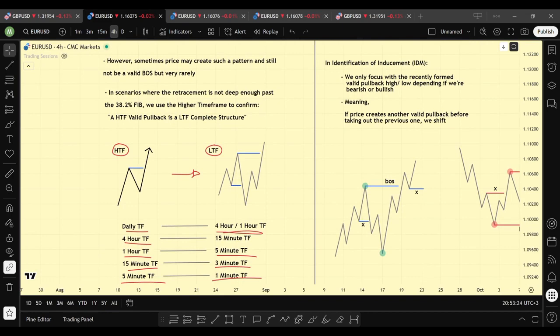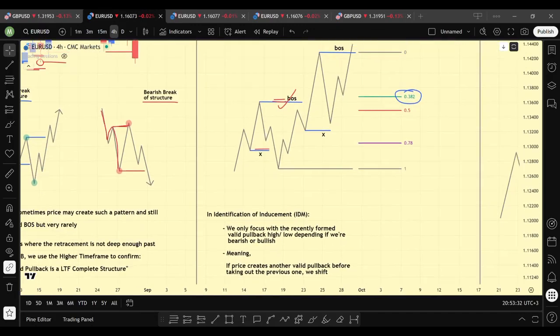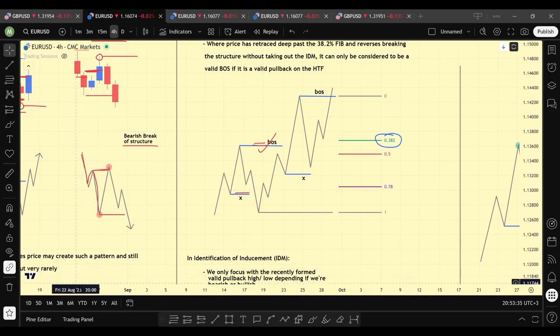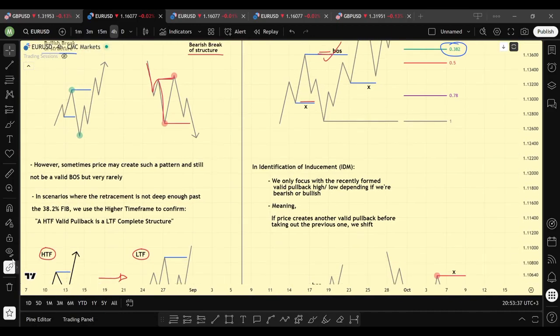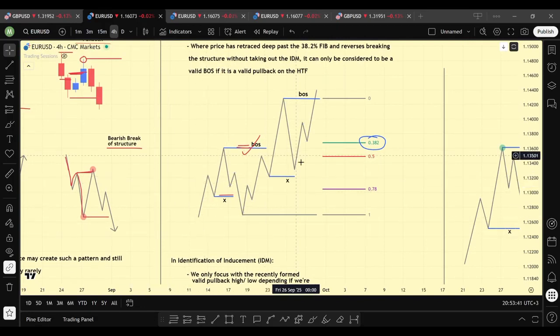Let me solidify this for scenarios where the retracement is not deep enough past the 38.2, like this retracement here. Let me explain what I mean. Let's say this retracement was not deep past the 38.2% of the Fibonacci.